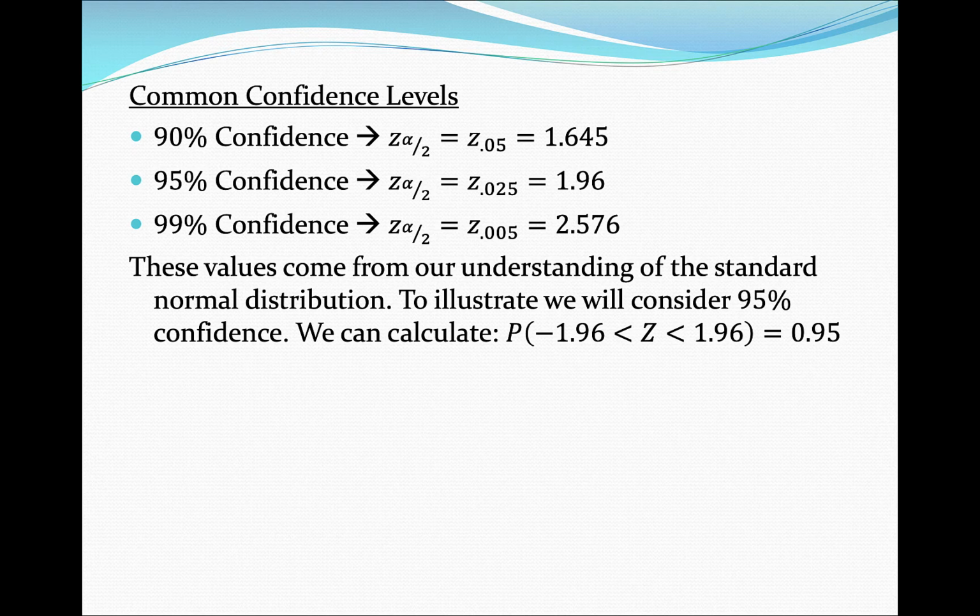These are just standard normal values. And technically, if you calculate the probability that a randomly selected z-value is between negative 1.96 and positive 1.96, you will get 95%. So that's really mathematically where that 95% confidence comes from, why we use a z-value of 1.96.